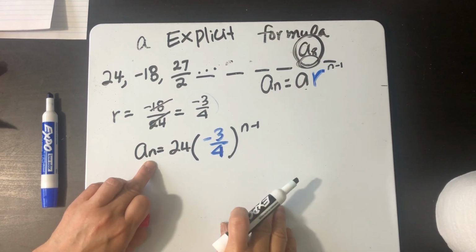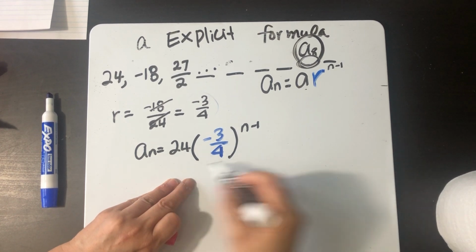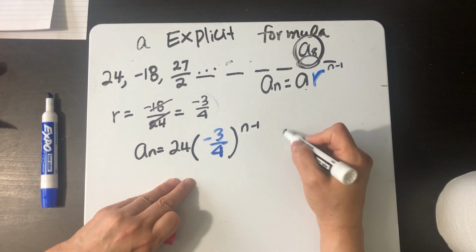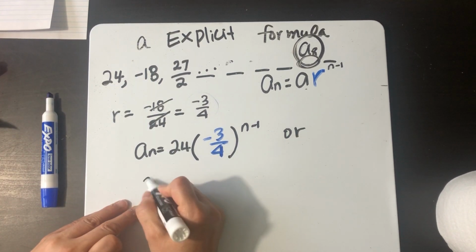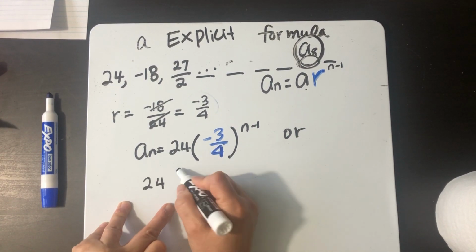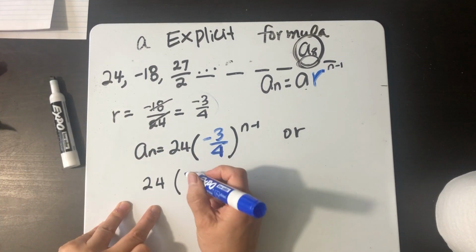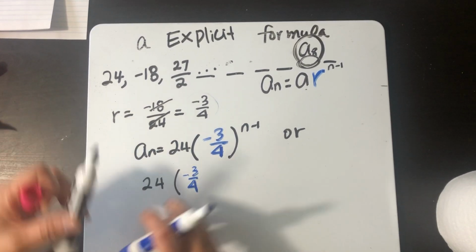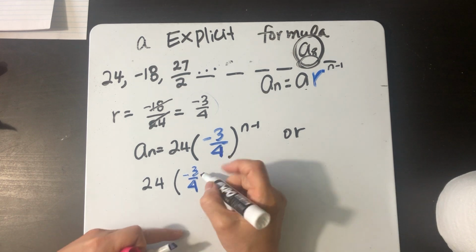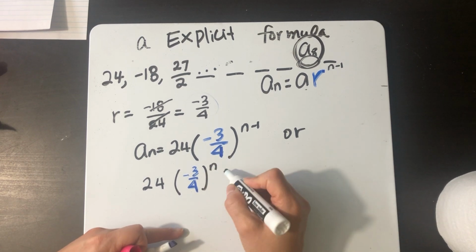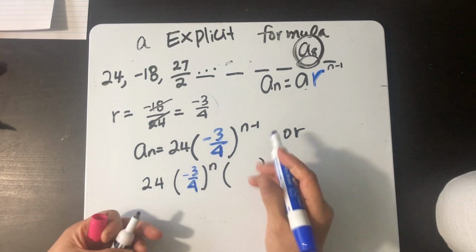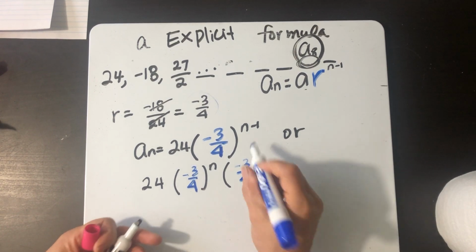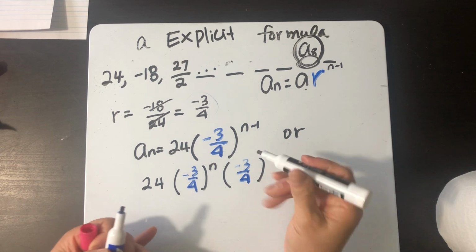Now I want to show you something though. This can also be written, let's unfold it a little bit. 24 times negative 3/4 to the n, and also times negative 3/4 to the negative 1.